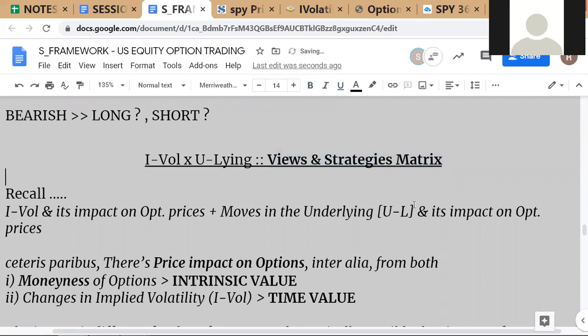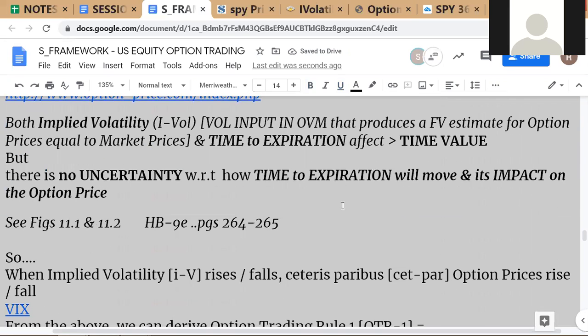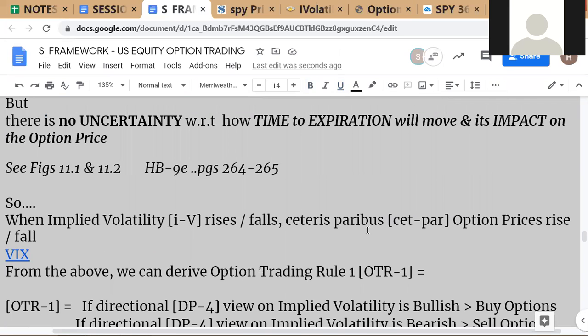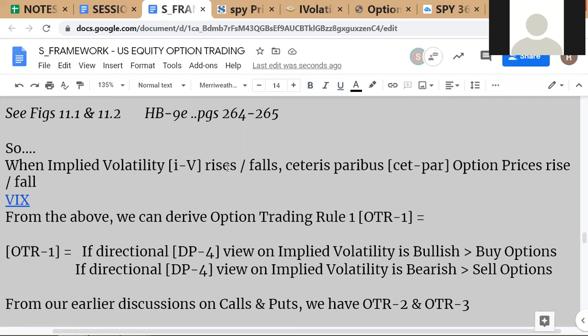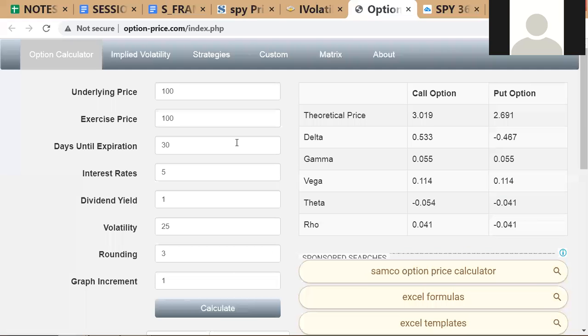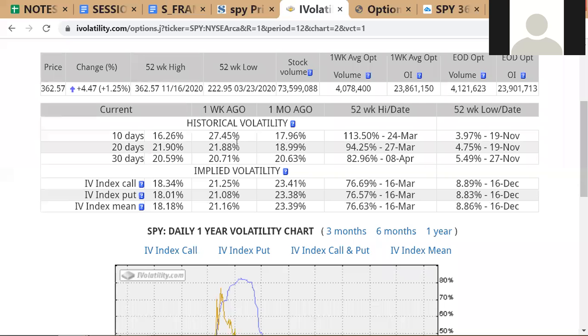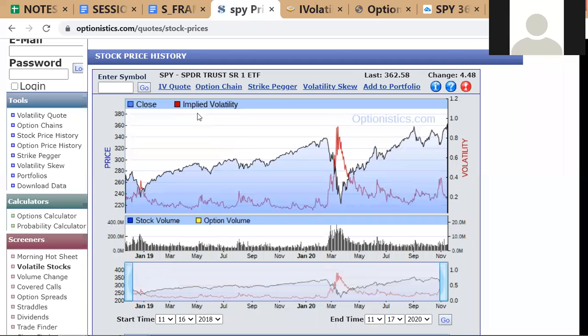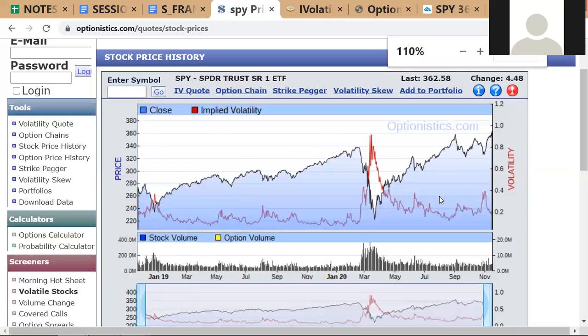Coming to this, remember, we are recapping some material, that when the eyeball rises, option price will rise. So when you're tracking this kind of chart, and the red is the eyeball chart, if this eyeball chart keeps rising, right now it's around 20%, and I'll make this a little bigger so you can read.